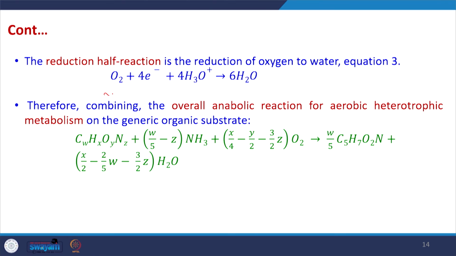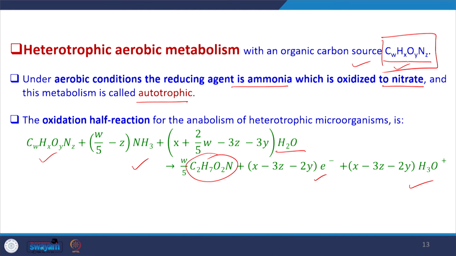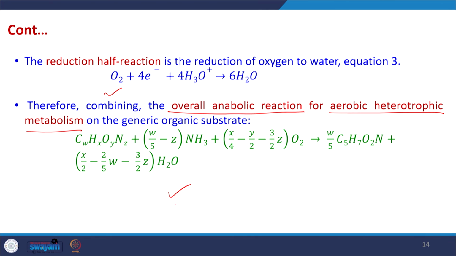Similarly, the half reaction for the reduction of oxygen to water can be written by this; we have already studied it. Therefore, combining together, the overall anabolic reaction for aerobic heterotrophic metabolism can be written like this. For the ethanol case, it was written earlier. For the general carbon source, which is written by this, the reaction can be written here.